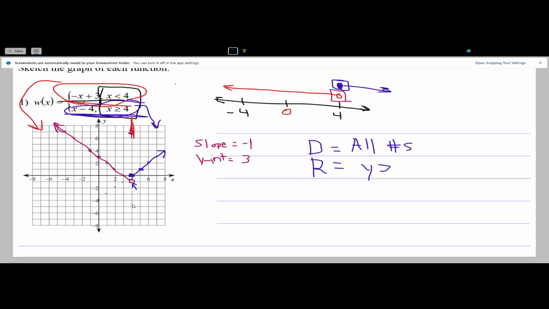Obviously, if we were to zoom in, it would be very different than what we see here, but y is going to be greater than 1. It's greater than everything above. Sorry, -1, not 1. So there's my domain, there's my range, there's my graph. This problem is actually finished.